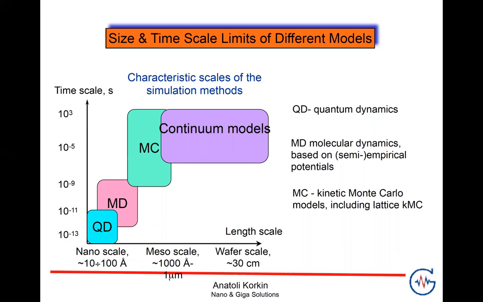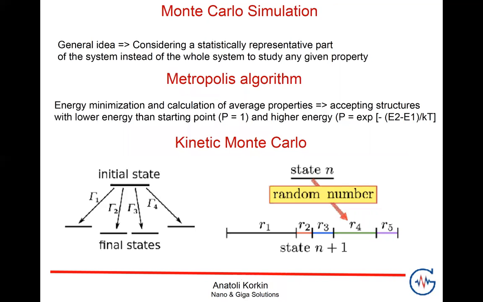When the system increases, you have to switch to molecular dynamics. At an even higher scale, like the mesoscale, you have to go to Monte Carlo type methods, because dynamics becomes more expensive. And finally, at a scale like centimeters or millimeters, we use continuum type models.